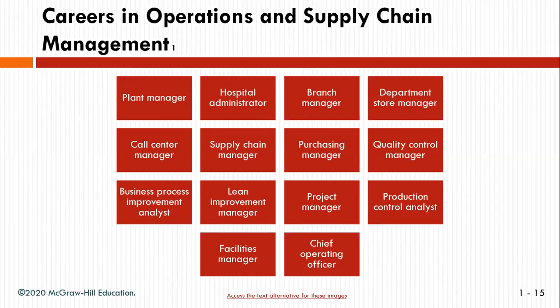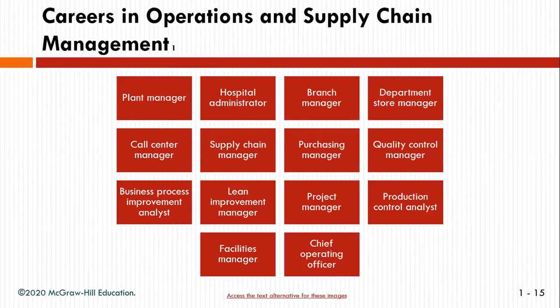So there is a big chunk of jobs in the market, probably 84 to 90% of jobs, that belong to operations and supply chain management. For example, project manager: you will have all kinds of projects, IT, physical operations, productions.